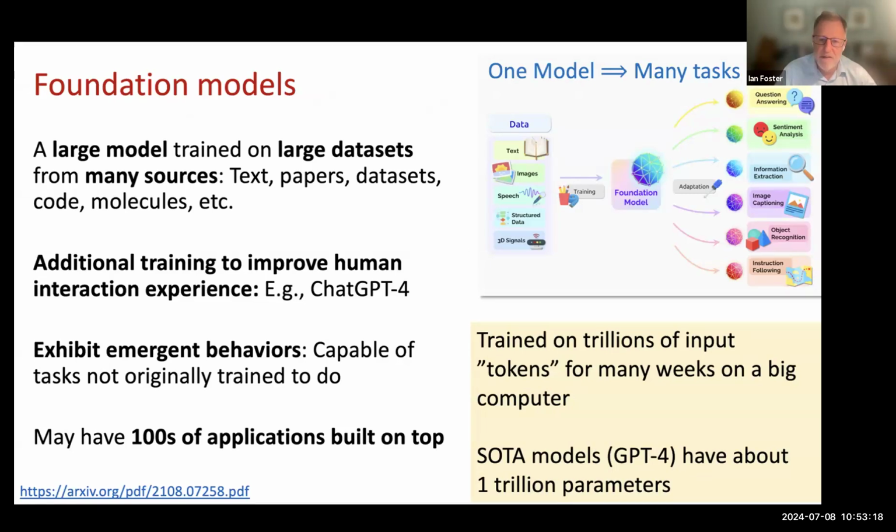Fascinatingly, it often exhibits emergent behavior, as we've mentioned, and it's trained by a process that is incredibly expensive. The model itself is very large as well. Those are two different things. Very large, trained on lots of data, requiring large amounts of time, and then can be used for a wide variety of different purposes.